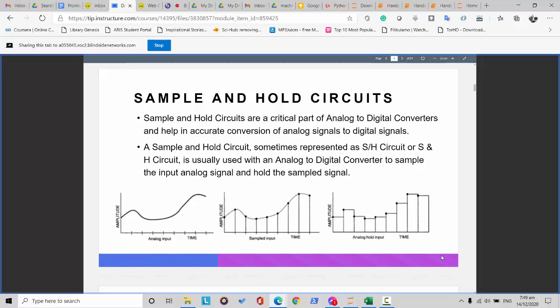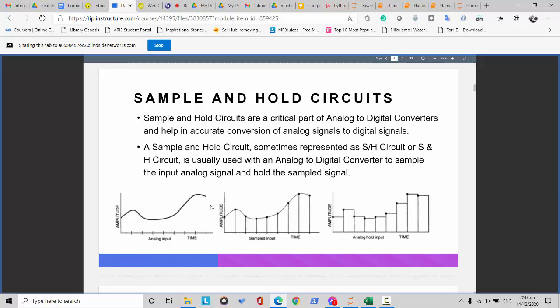Okay, so sample and hold circuits and related peak detectors are elementary analog memory devices, and they are typically used in analog to digital converters to eliminate variations. As you can see from here, there are varied signals coming from the analog signal.